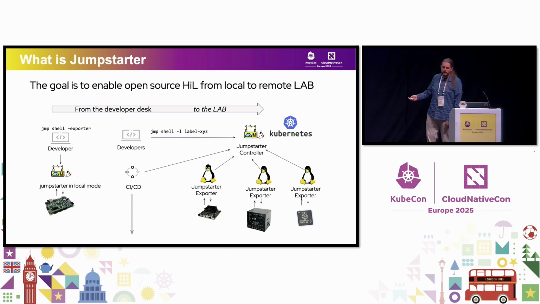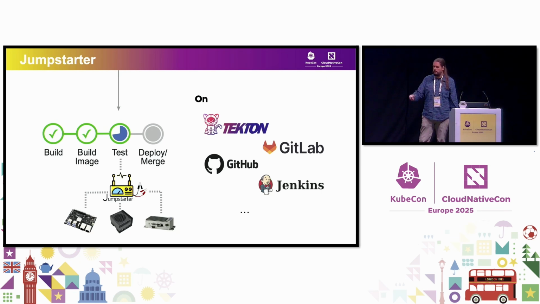You can use that as a developer, but also connect it to CI/CD, which is the most important part of this talk. If you see that arrow, it goes down to the typical diagram. The framework and the service are really open, so you can connect it to Tekton, GitLab runners, GitHub runners, Jenkins, and anything. As long as you put the credentials in the secrets, it's able to access the service.